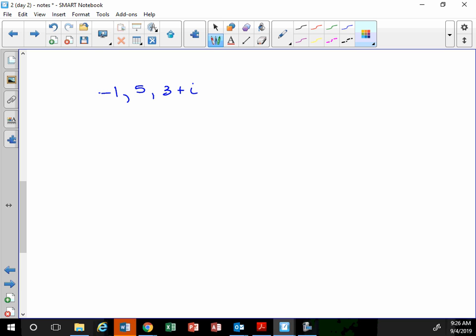Those are easy. I have 3 plus i. Any guesses as to what the pair that's going to go with that one is? Plus i, minus i. Yes, exactly. It's the sign in front of the i that is the one that's going to change. So you're not given that one, but you know it is there. So 3 minus i is your other solution.